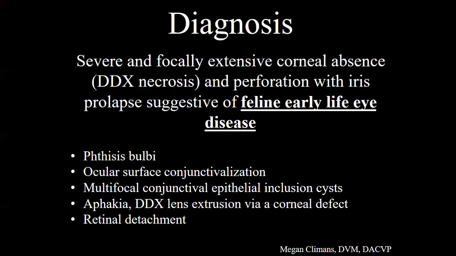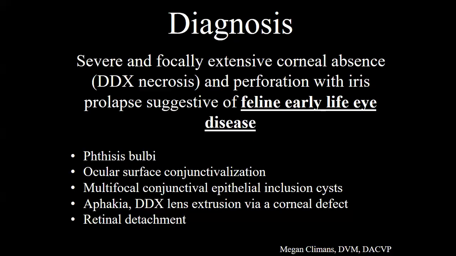So here's the main diagnosis up front. Usually we do a descriptive thing, and then the name of the disease, which is feline early life eye disease. And then some additional things. I ended up calling this phthisis bulbi because of the intraocular fibrosis and the way that the choroid at least was wrinkled.